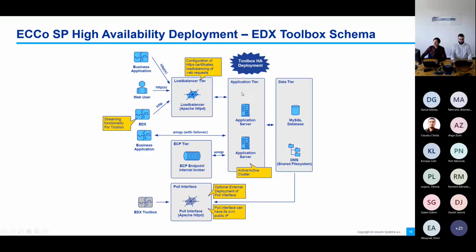Then there is the application tier, where the EDX toolbox is installed in the cluster. You can see 2 instances of the EDX toolbox, and this EDX toolbox communicates with the ECP endpoint. Again, you can imagine there is another application cluster, like 2 servers. On the upper part of the image, there is the load balancer tier, which, as I mentioned, is optional and can be used for balancing the traffic to the web application and to the web service API.